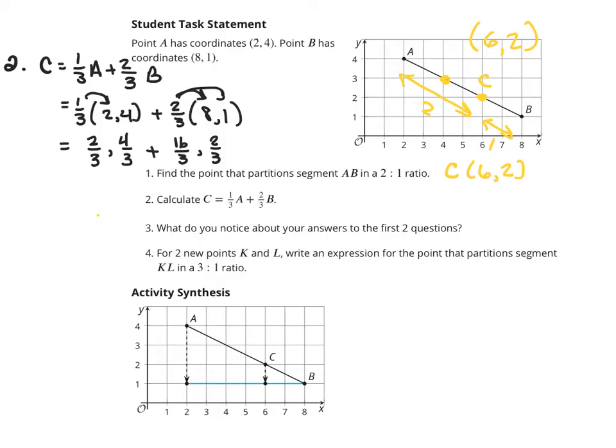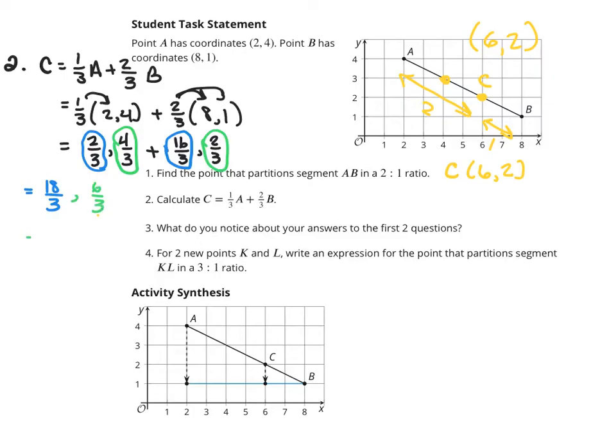Now I'm going to collect like terms in a strange way. Those are my x coordinates. 2/3 plus 16/3 is 18/3. Then I have my y coordinates. 4/3 plus 2/3 is 6/3.